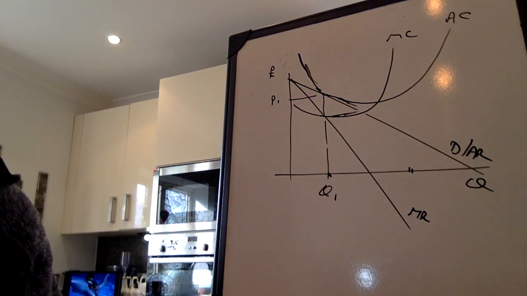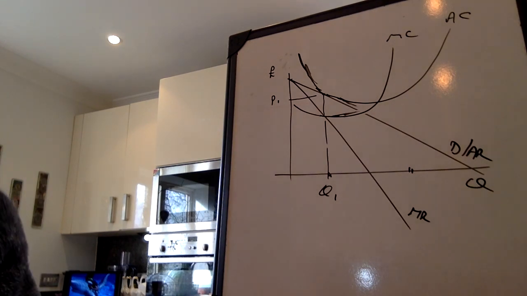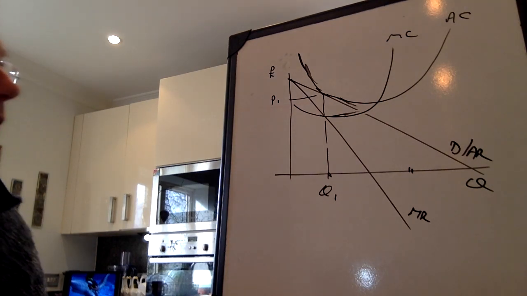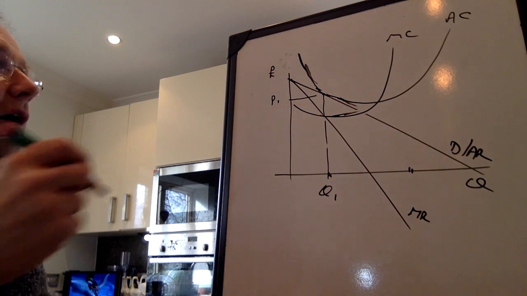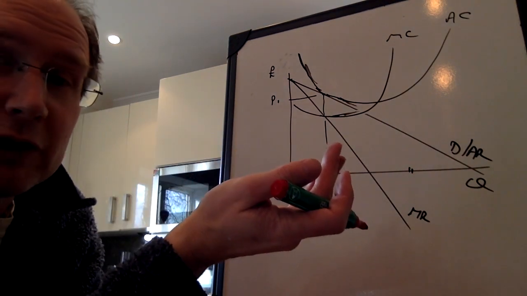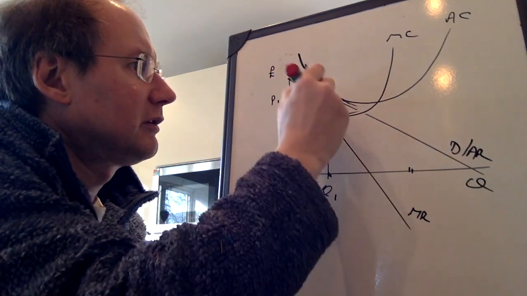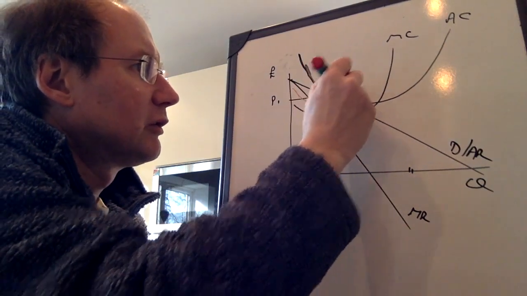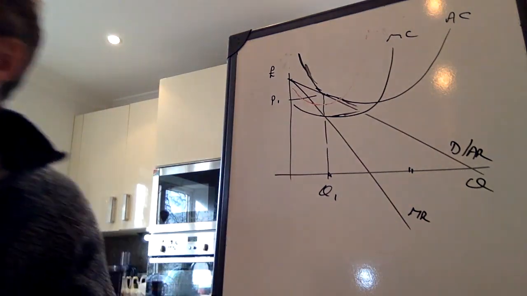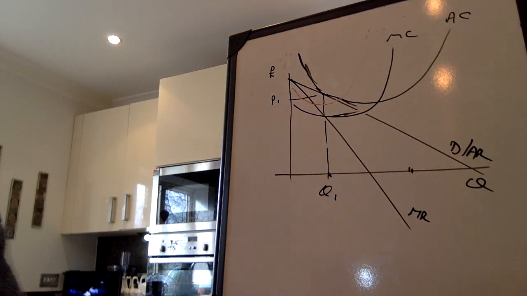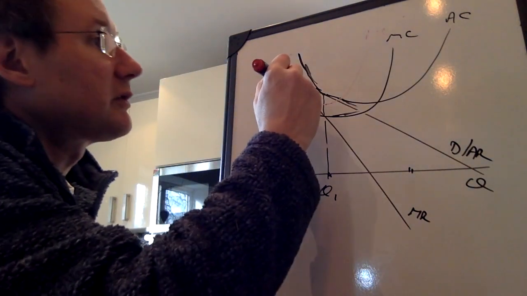So let's suppose that there's an increase in marginal cost. That's a variable cost, and therefore it'll increase average cost as well. This is a rubbish pen.